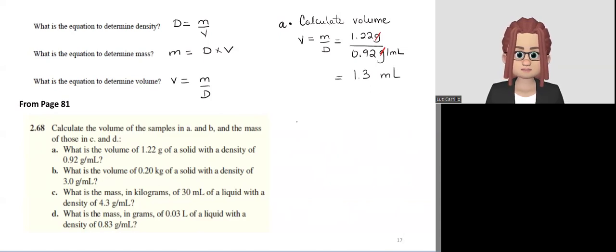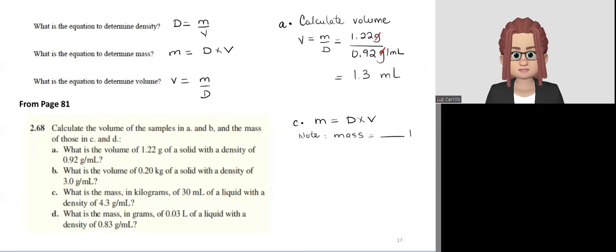Let's now move on to problem C, where it reads, what is the mass in kilograms of 30 milliliters of a liquid with a density of 4.3 grams per milliliter? So I'm trying to determine mass. So I know my equation is mass equals density times volume. But in addition, I should write a note that mass has to be in units of kilograms.